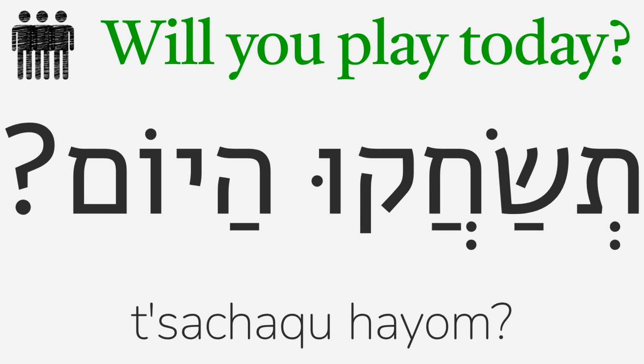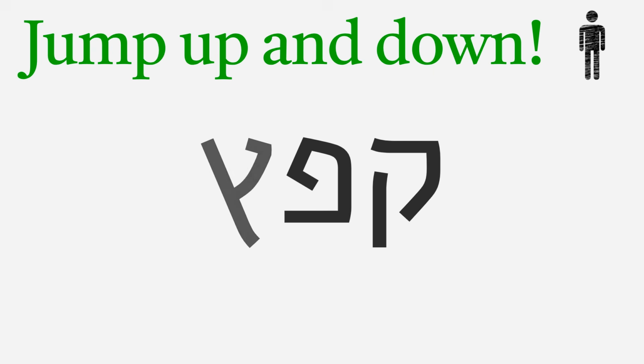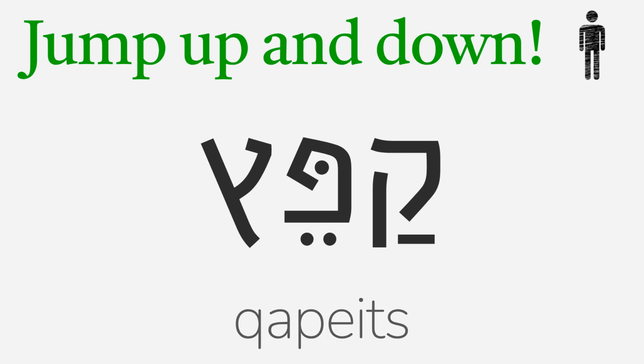Tasachaku hayom. To command a man jump up and down, we put the root guf petsari in a Piel imperative. In Piel imperatives, the root letters will have the same vowels they do in the future tense. Patach, sere, and dagesh. Kapetz, the masculine singular command, jump up and down.